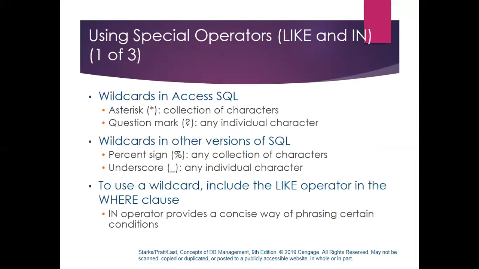Occasionally, when creating queries, exact matches may not work because you do not have complete information about a condition. For example, you might know only that the desired value contains a certain collection of characters. In such a situation, you will be required to use the like operator with a wildcard. In the SQL version of Access, the asterisk is used as a wildcard to represent any collection of characters, and the question mark is used to represent any individual character.